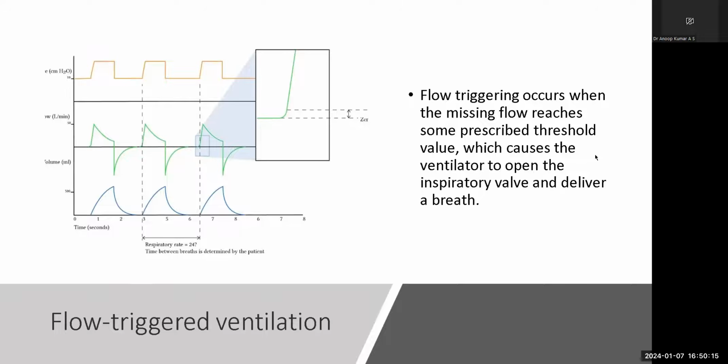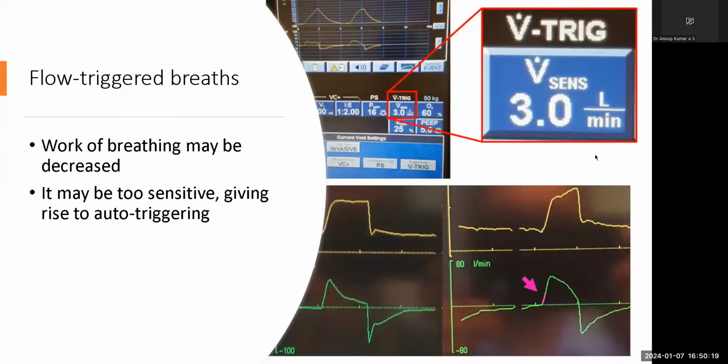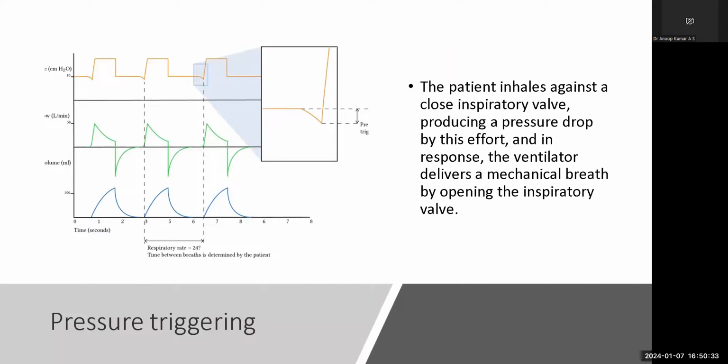The inspiratory valve opens, then the breath is delivered. So this is the flow triggered breath, and again you can see the flow triggering here. So the work of breathing may be decreased, but it may be too sensitive, giving rise to auto triggering. So that is another problem. So we'll have to set it according to the patient effort.